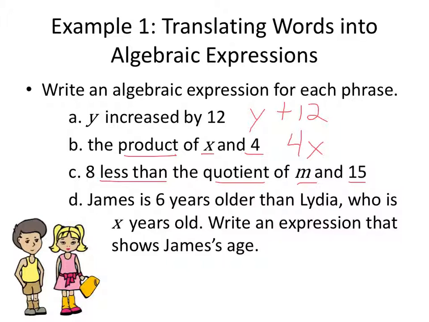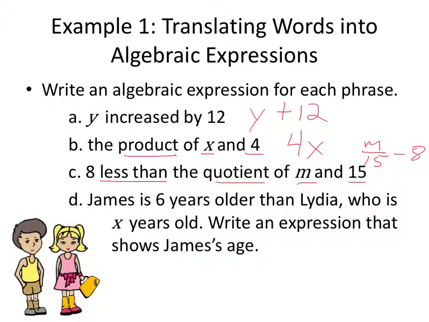So it's m divided by 15. And then it's 8 less than that. So if we subtract 8, you'd have the quotient of m and 15, and then 8 less than that would be indicated by this algebraic expression. So it seems a little bit backwards, but you have to be careful with some of that phrasing.